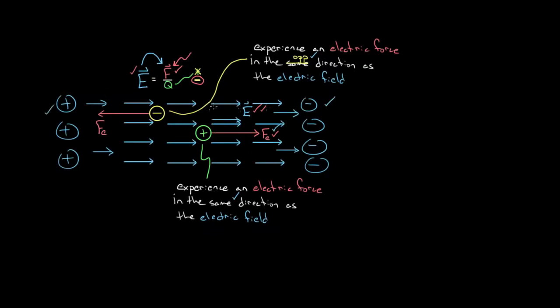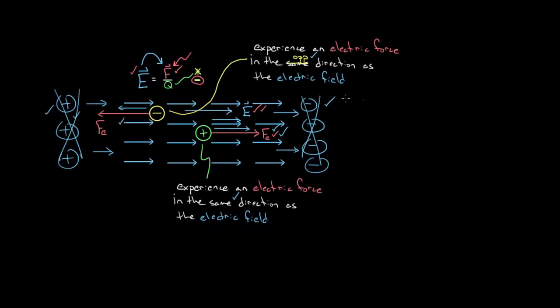If the electric field points to the right, positive charges feel a force to the right. And then a negative charge in this region would be repelled by these negatives or attracted by these positives, and it would feel a force to the left. So it doesn't matter whether it was positives or negatives creating the field. If the field points right, positive charges are going to feel a force in that region to the right. Negative charges are going to feel a force in that region to the left.